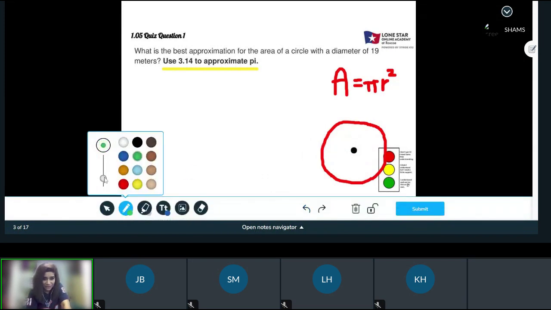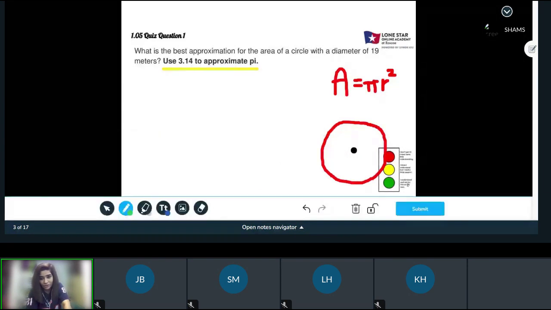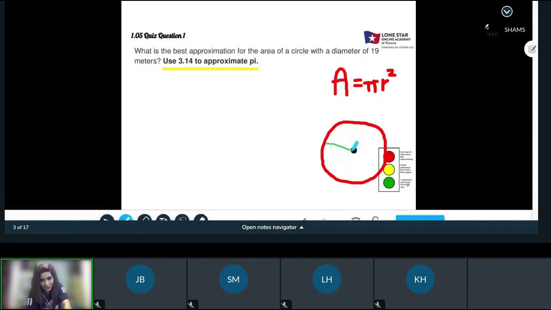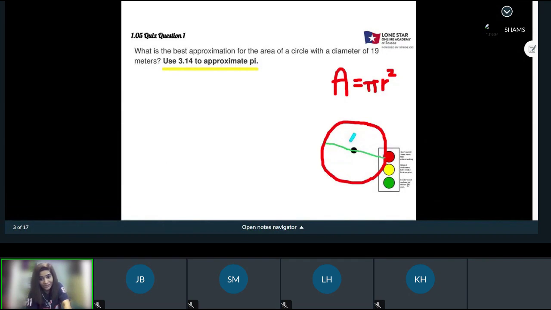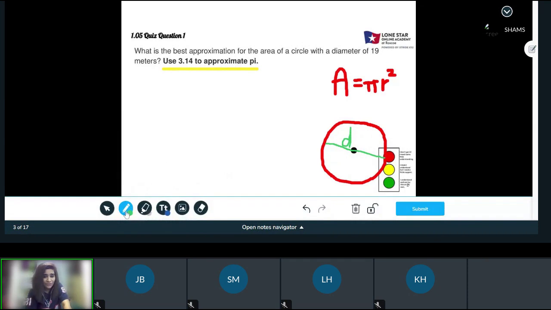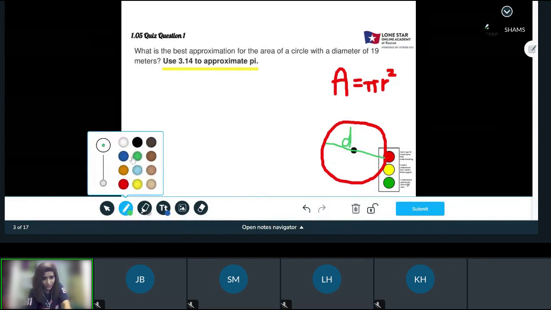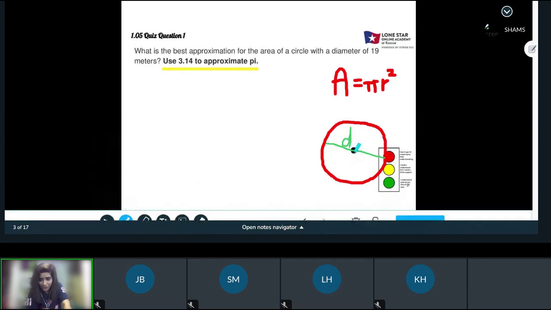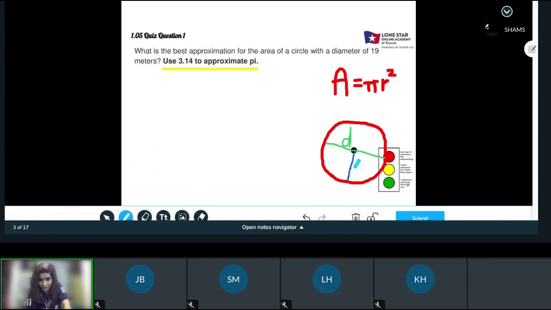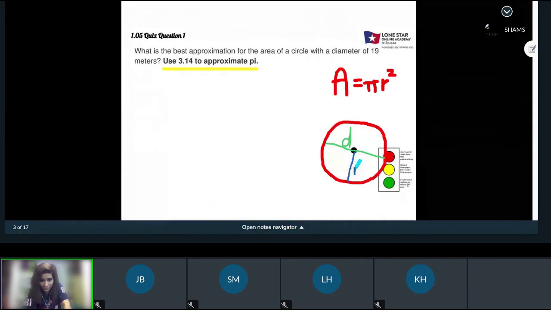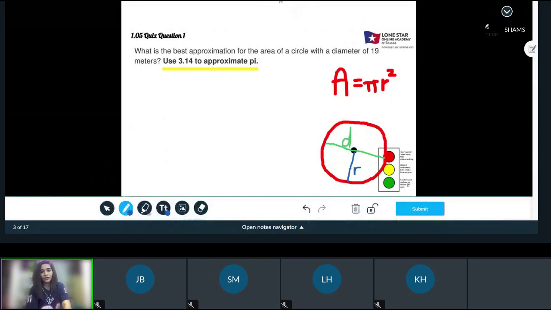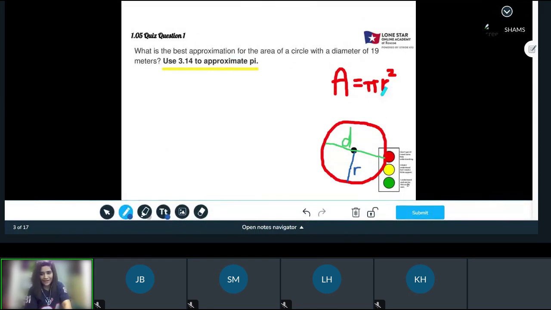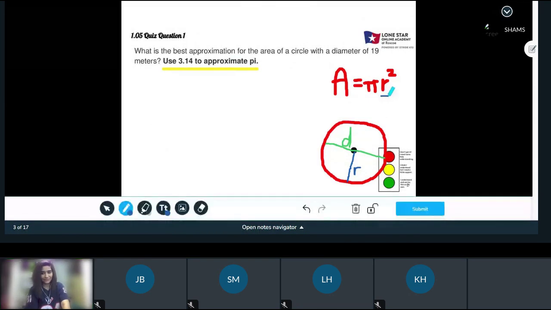The diameter is this long line from one point on the circumference, passes through the center, all the way to the other point. Radius is the smaller line. Radius starts from the center to one point on the circumference. This is the radius of a circle. And in this formula, remember we need radius. Okay, go ahead, show me how you will do this question.